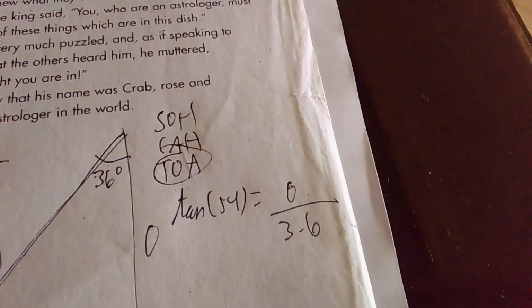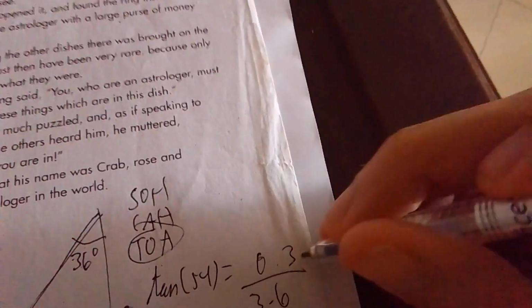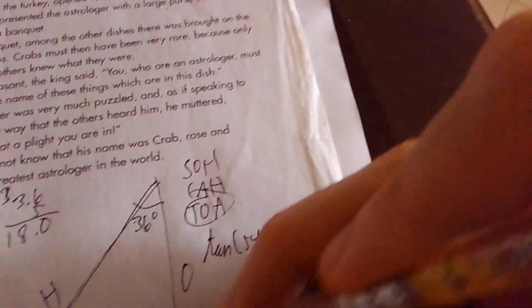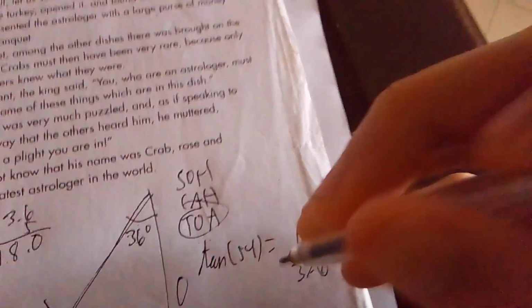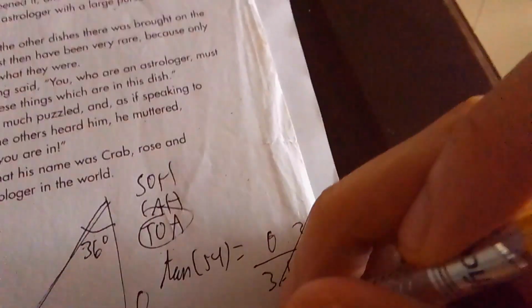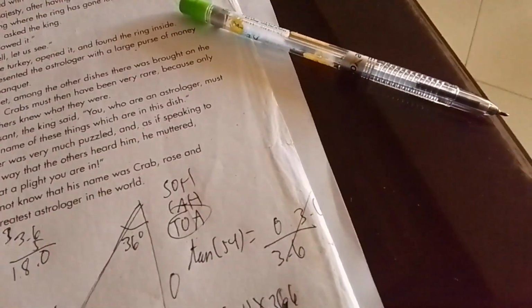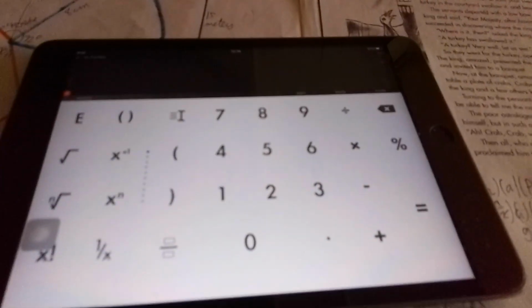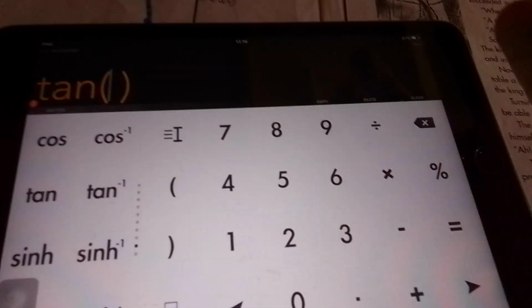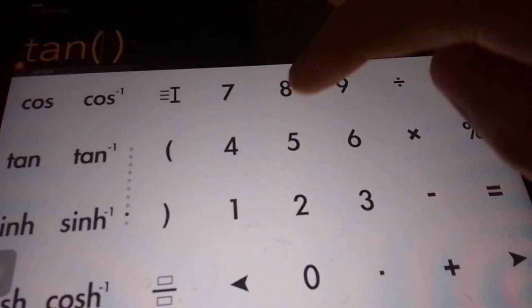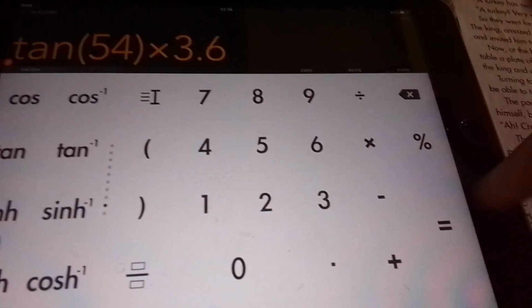Now, applying multiplication, we get tan of 54 times 3.6. Alright, so plug this into our calculator. As we plug it into the calculator, what did we get? Remember the tangent function: tangent of 54 times 3.6.